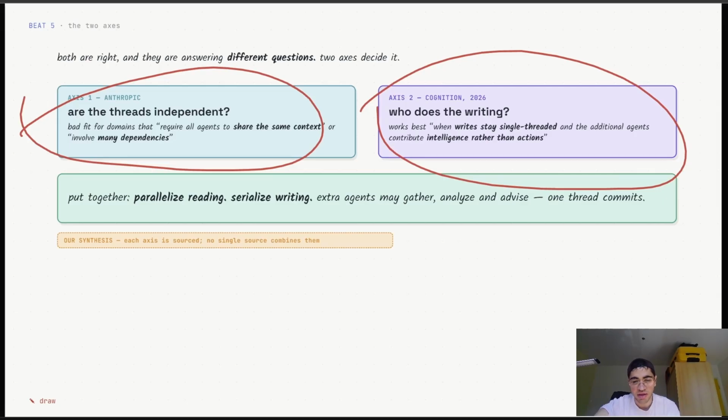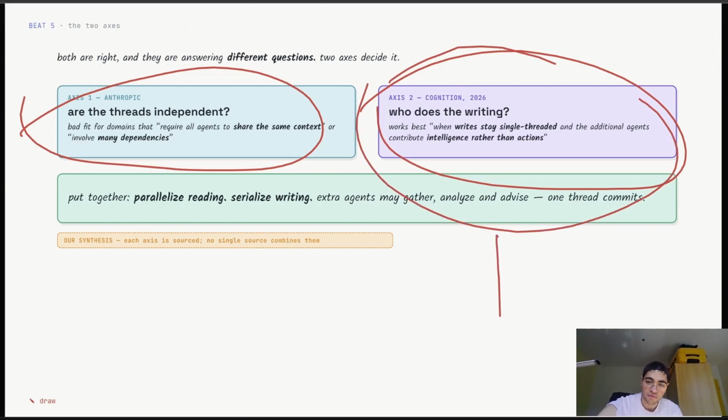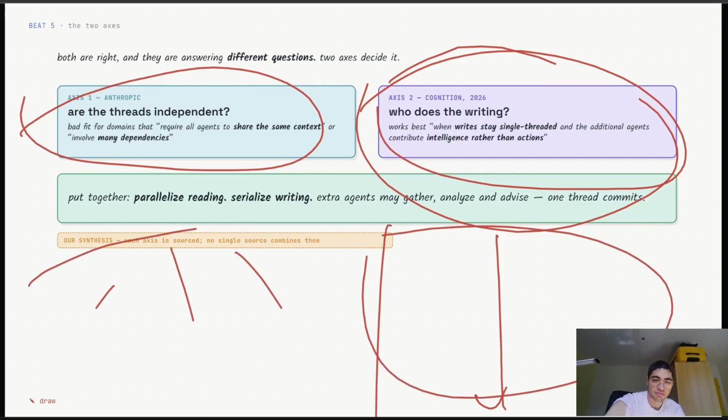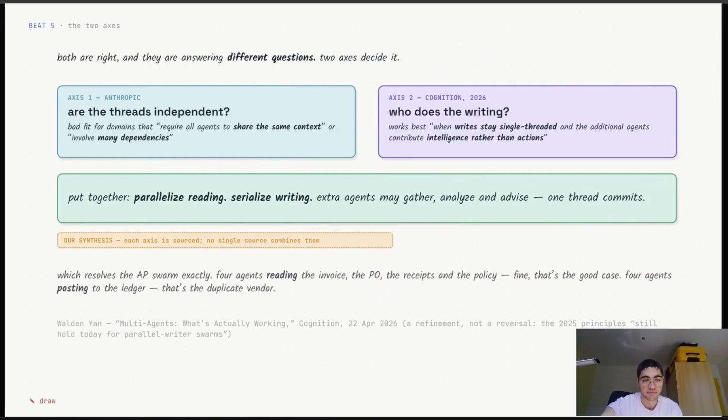Extra agents may gather, analyze, and advise while a single thread commits, but each action needs to be sourced. There is no single source state that has to combine everything when it comes to the writing side. So you need a linear side, and here you can parallelize, but these are two different actions.